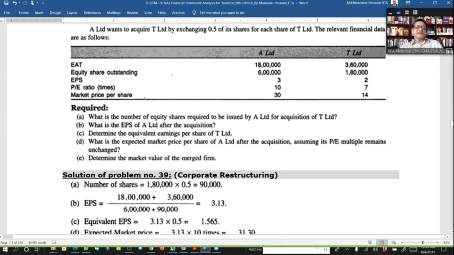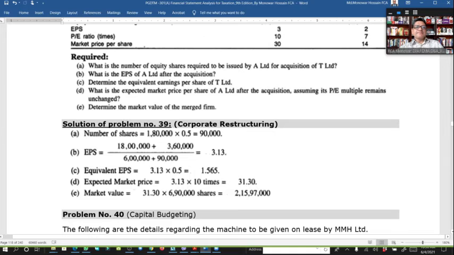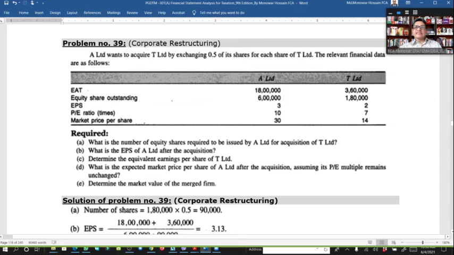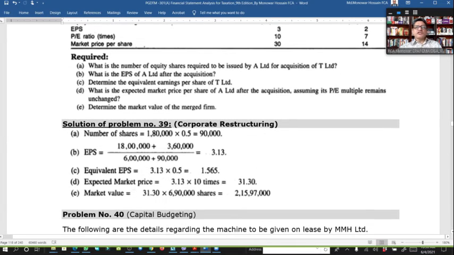Number 2, what is the EPS of A Limited after the acquisition? After acquisition, all revenue goes to company A. So look here, EPS. Before acquisition, profit was 18 lakh. After acquisition, we add the 3,60,000 profit of company T, and divide by the total number of shares. Previously the number of shares was 6 lakh, and newly issued 90,000.